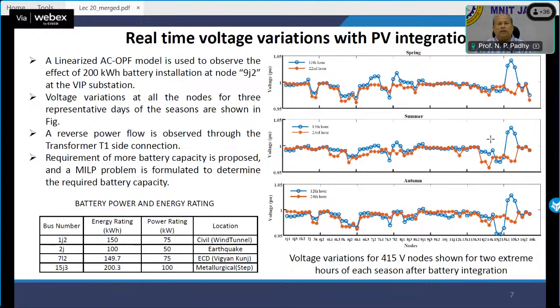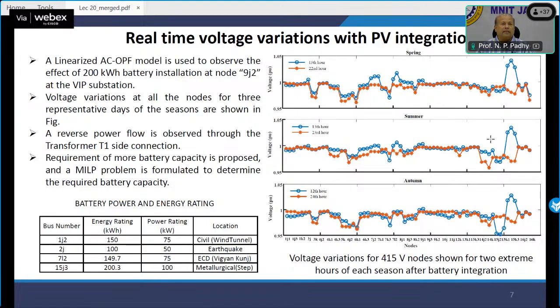Now, if you focus on real-time voltage variation with PV integration, this is at different hours. You could see we have taken a 415 volt node shown for two extreme hours of each season after the battery integration. What we wanted to highlight is that if you put a battery and see the voltage profile, the profile becomes more or less flatter, because when you put a battery, the voltage profile is expected to be quite flat.